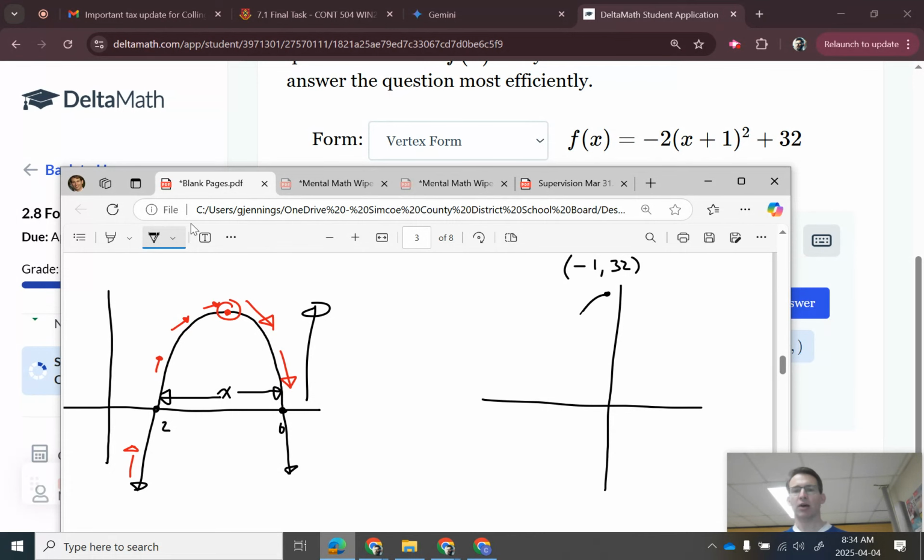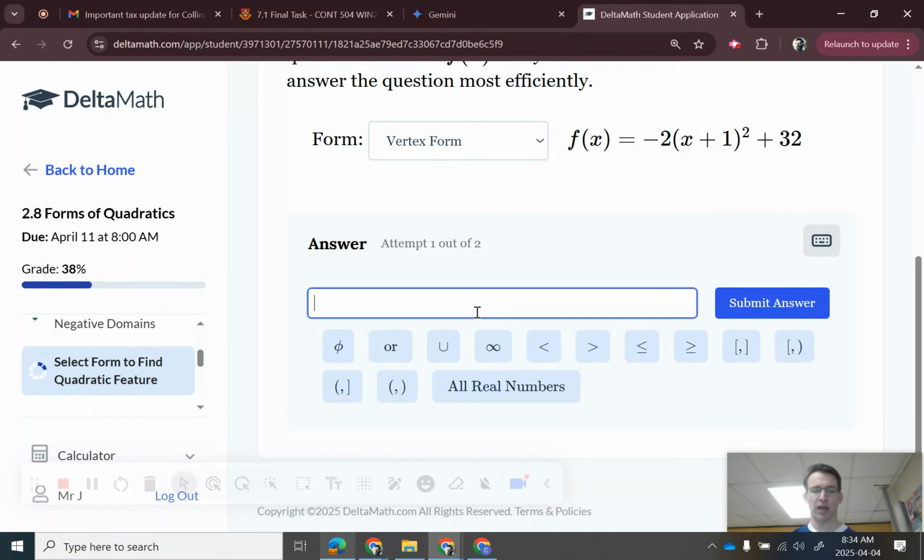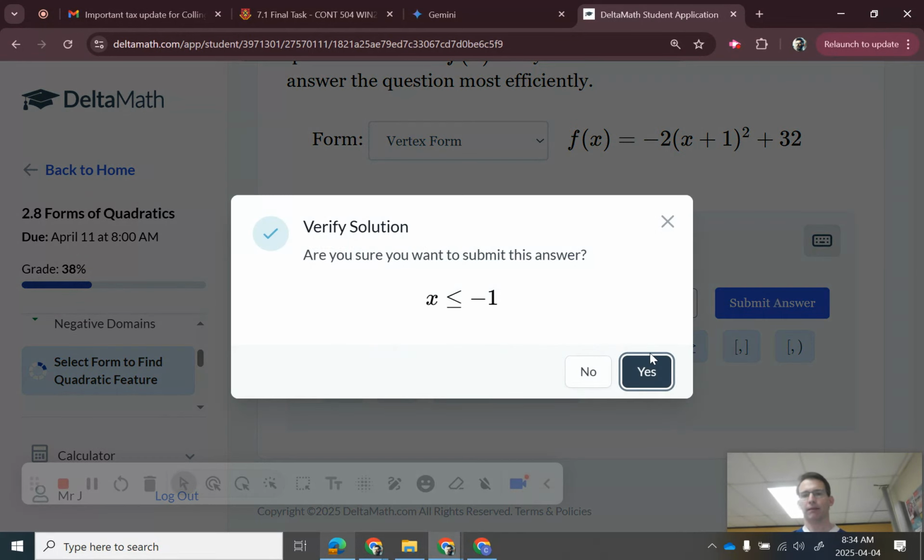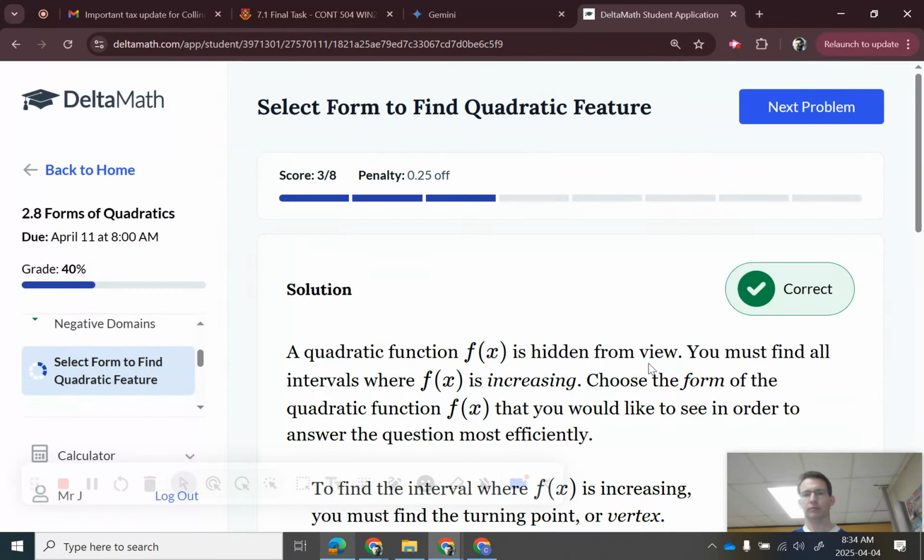And it is opening downward, so it looks like this. So this is the region, the domain, right up to that axis of symmetry, where the value is increasing. So this quadratic is increasing up to x = -1. So for values of x less than or equal to -1, it's increasing.